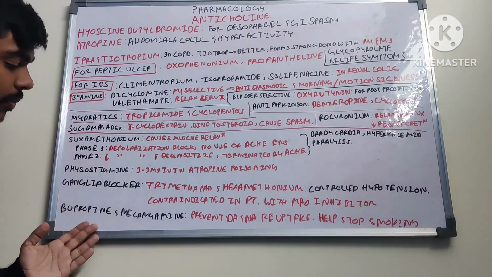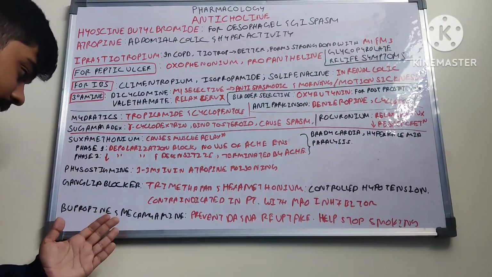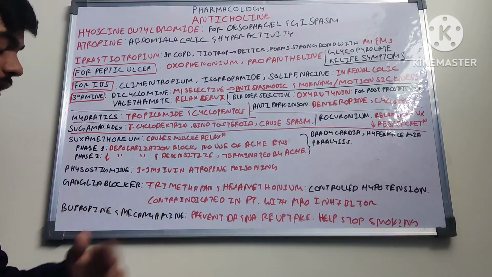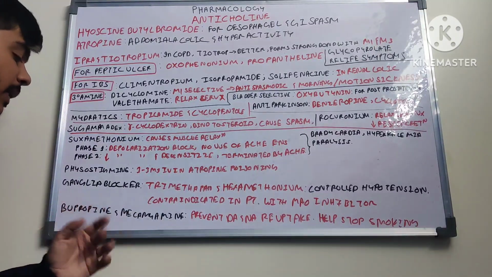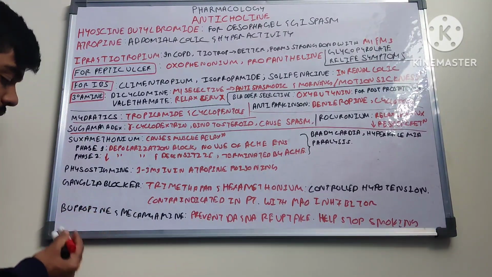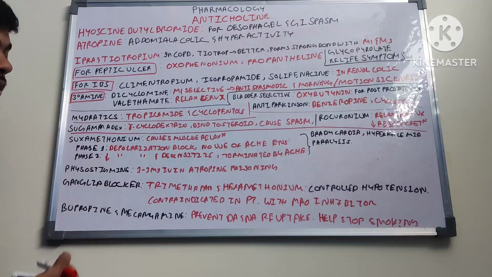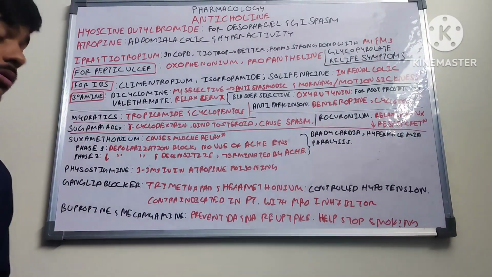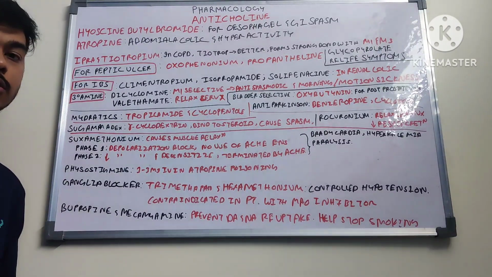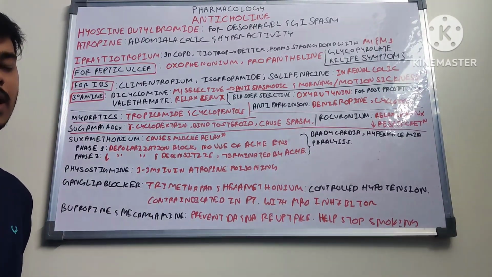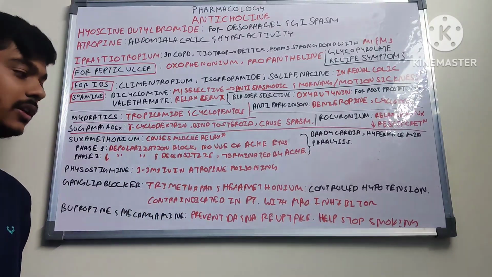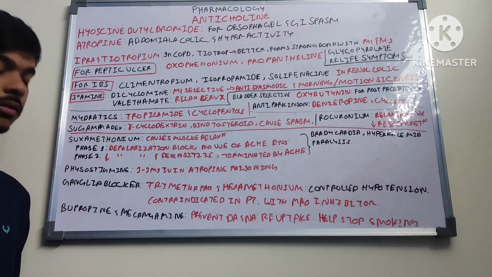Next is bupropion and mecamylamine, right? So these are the drugs. Bupropion specifically prevents the reuptake of dopamine and noradrenaline. There is VMAT, vesicular monoamine transporter, which is responsible for the taking up of noradrenaline and also dopamine, basically catecholamines.